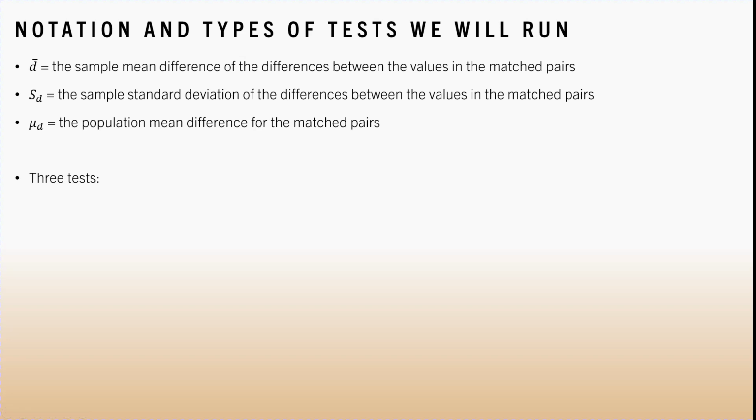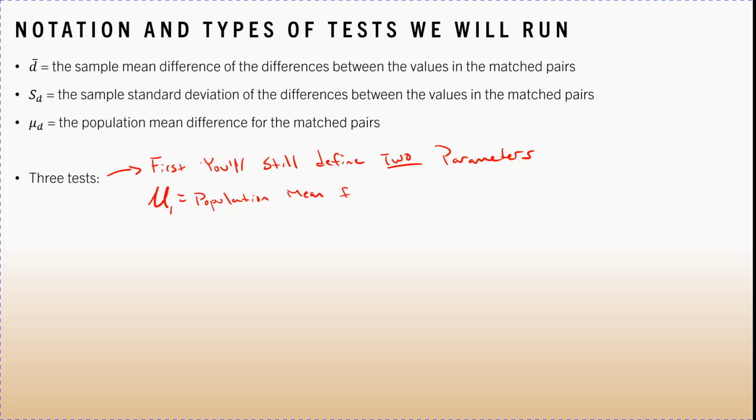First, you'll still define 2 parameters. Mu sub 1 is the population mean for the first set of conditions.